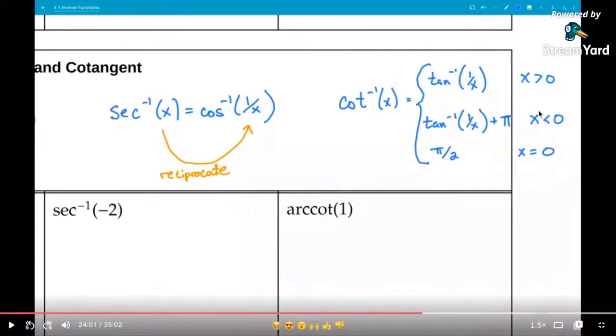However, if your original input is less than 0, then the inverse cotangent is written as the inverse tangent of 1 over x plus pi. And lastly, if x is 0, then the inverse cotangent of x is strictly just pi over 2. There's nothing to compute. You just write pi over 2.